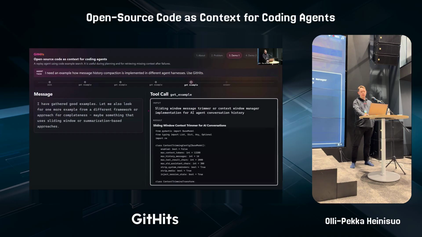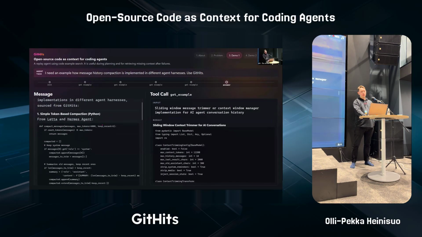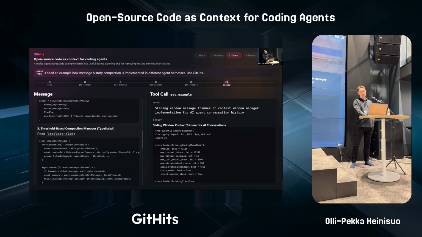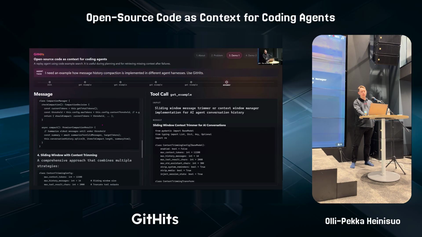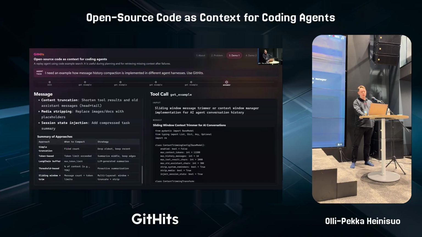After this, it gave the answer. These are all sourced from GitHub and from the examples we provided. In the end, there is a summary of what kind of compaction methods open source agents use.